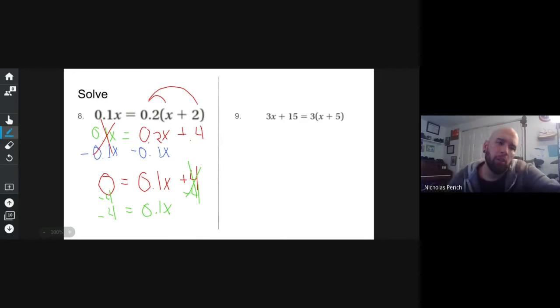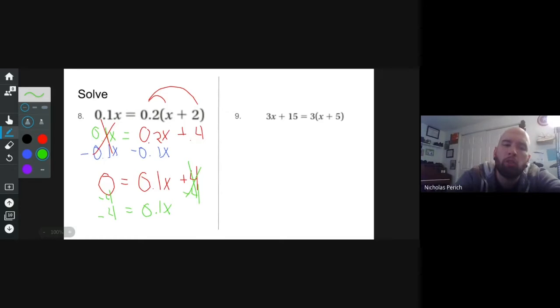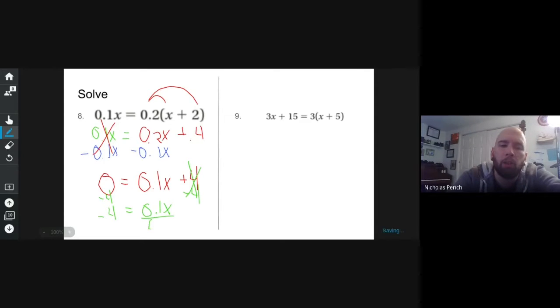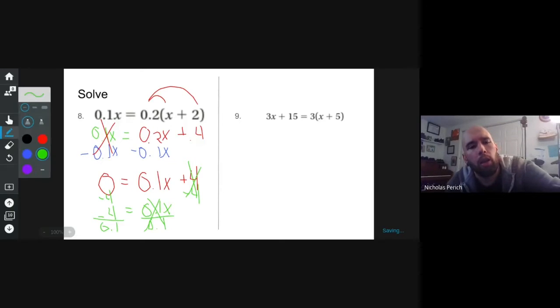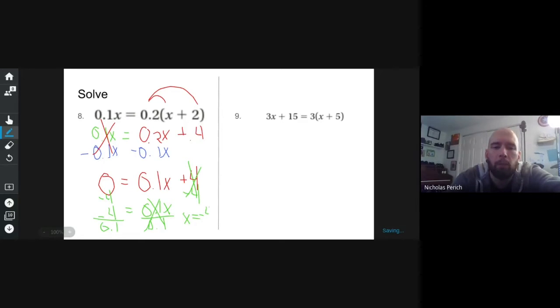No. What's in the way? 0.1's in the way, and it's being multiplied, so I have to divide both sides by 0.1. Cross it out. And wouldn't you know it, -4 divided by 0.1 is actually -40.